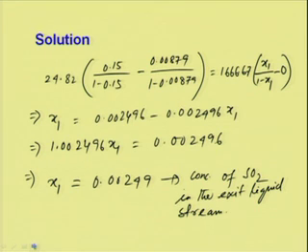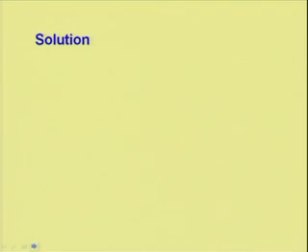Now, if we use the method of overall height of transfer unit to calculate the packing height, we know that Z is equal to HTG into NTG. Okay.